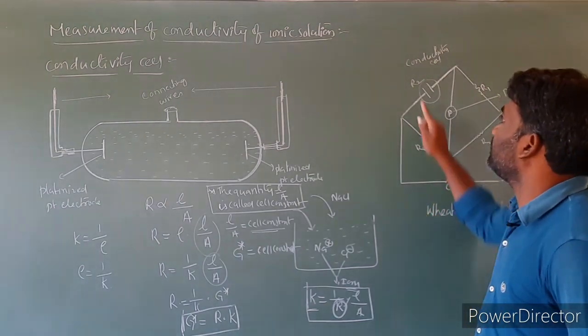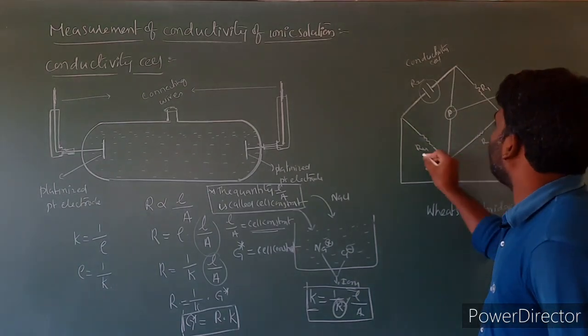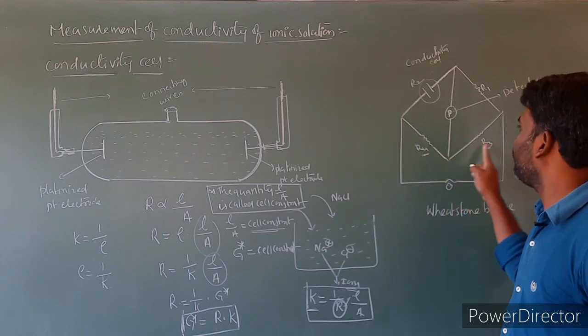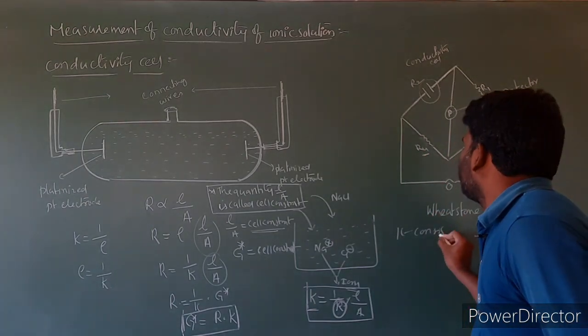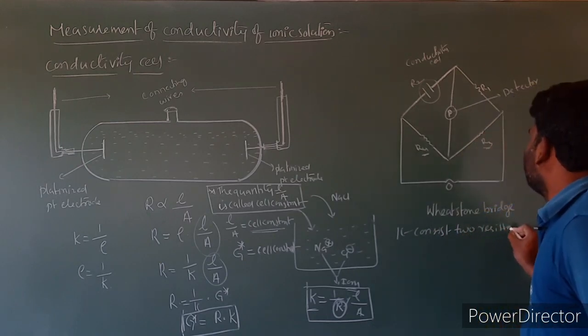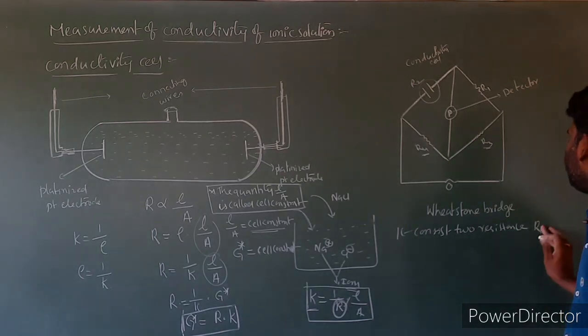Wheatstone bridge consists of 2 resistances, R3 and R4.